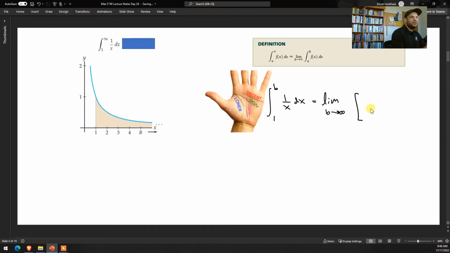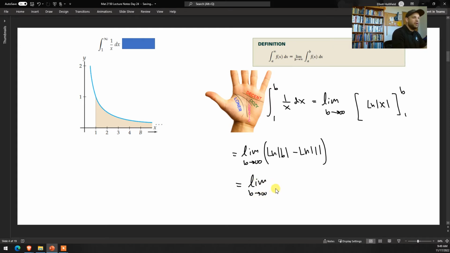The antiderivative of 1 over x is natural log. Now we can do the evaluation. We get the natural log of b minus the natural log of 1. That gives us the limit as b goes to infinity of the natural log of b, since the natural log of 1 is equal to 0.